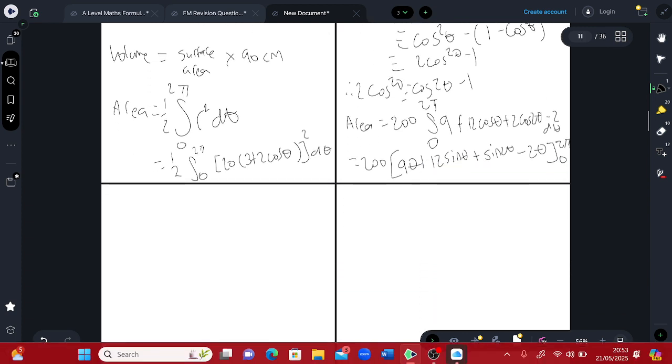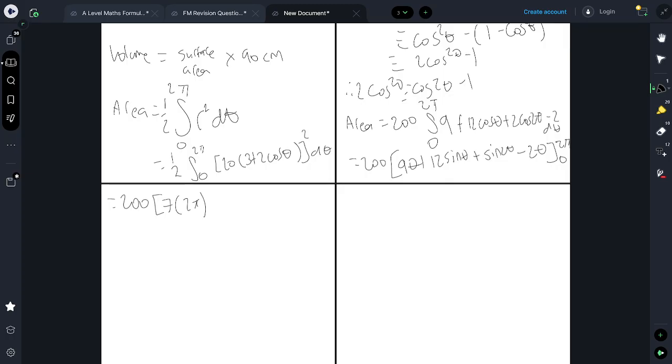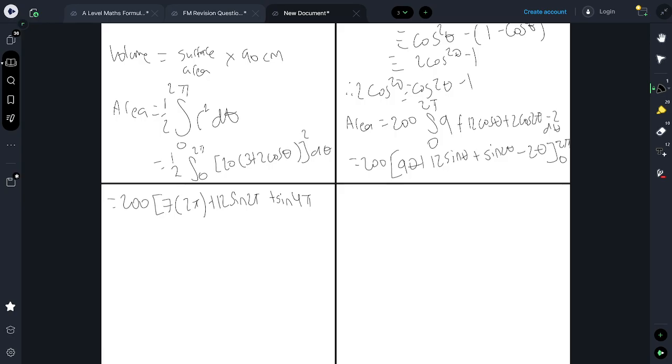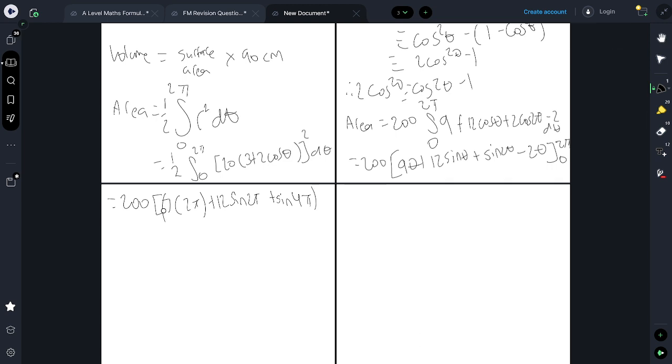Okay, now we just substitute this in. So that would be 200 lots of. Now 9 theta minus 2 theta, we can simplify that to just 7 theta. So that'd be 7 lots of 2 pi plus 12 sine 2 pi plus sine of 4 pi, minus, and then another pair of brackets, and then we substitute 0 in.